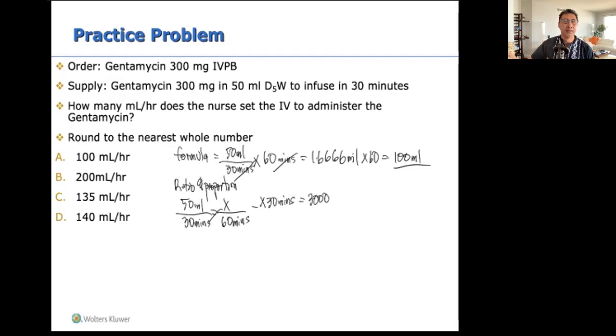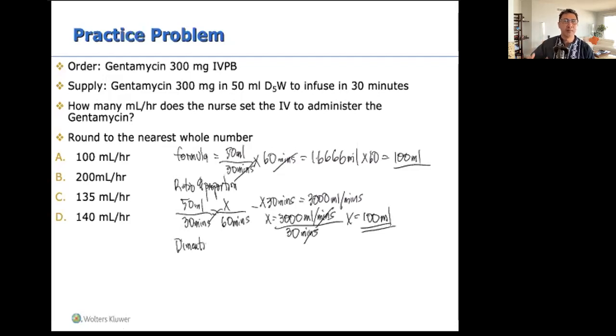The simplest method is the ratio and actually it's the dimensional analysis. Too many steps here for the algebra. And 100 ml. Dimensional analysis, the simplest, easiest way to do it.